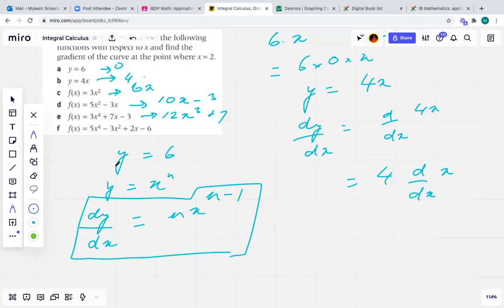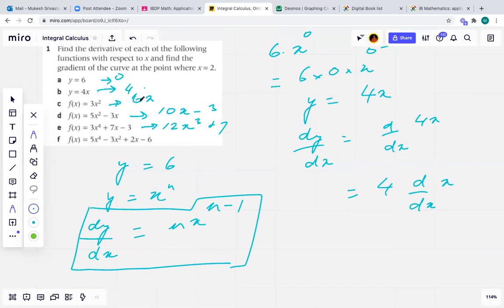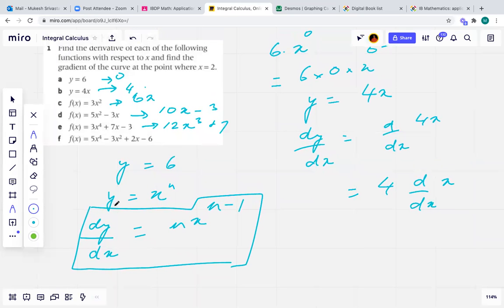Now see, we have got the derivative in terms of x. We have got the derivative function. Now we want to find the gradient of the curve at the point x equal to 2.